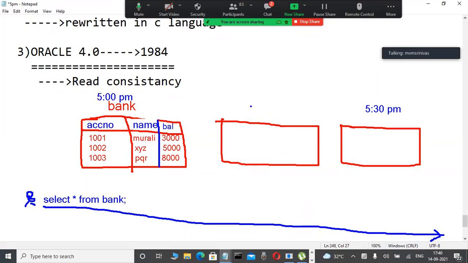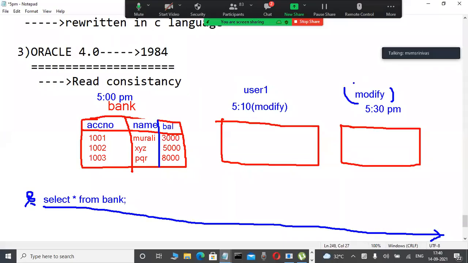But unfortunately, before 5:30 PM, slowly observe, maybe at 5:10 one user is modifying the data. Maybe another user modifies the data too. At 5:30 also, some other user is modifying data. So they are changing the data, which may be possible. This is one user modifying the data, user one.